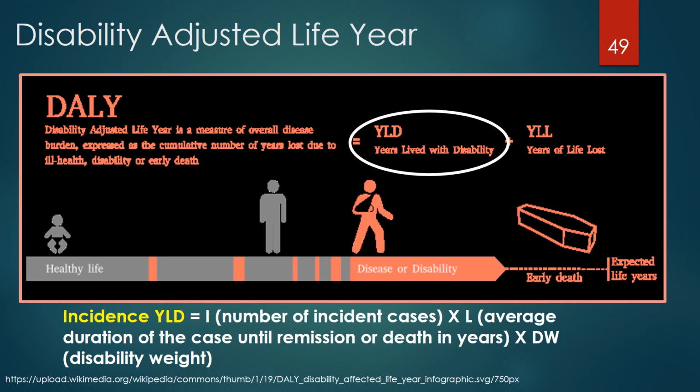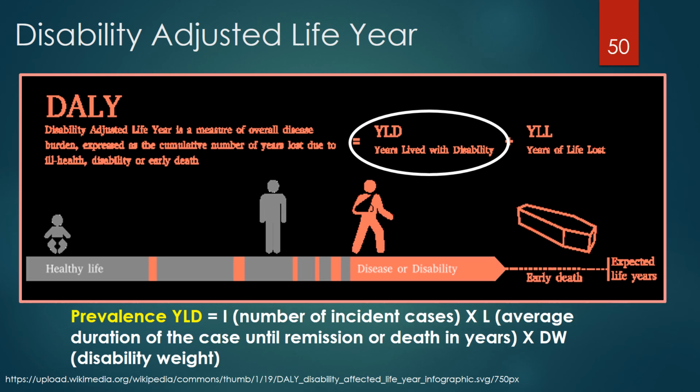The basic formula for YLD is incident YLD equals I times L times DW, where I equals number of incident cases, L equals average duration of the case until remission or death in years, DW equals disability weight.